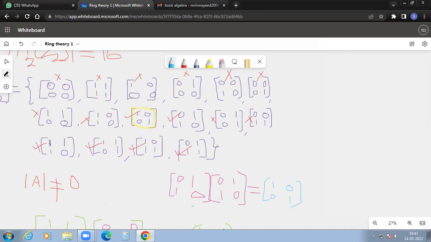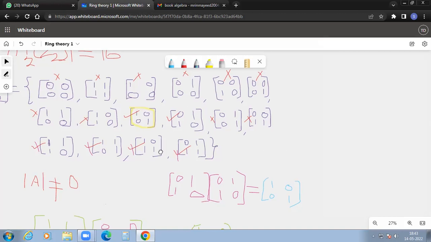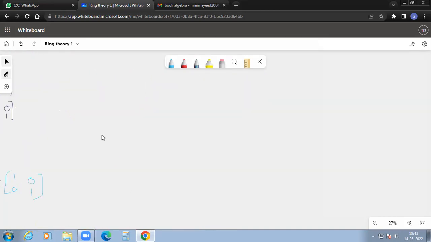And the matrices with 3 ones cannot be invertible in this particular case, because the inverse will not be of that fashion. Now, going back to our routine knowledge, what is our routine knowledge as far as a general 2 by 2 matrix is concerned?